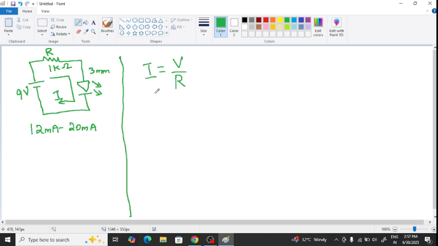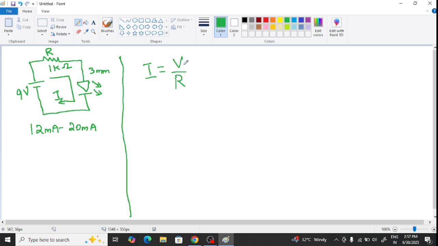As I already told you, the current flowing through this 1 kilo ohm resistor is the current flowing through this LED. So we are going to find the current flowing through this resistor. I is equal to V by R is Ohm's law.